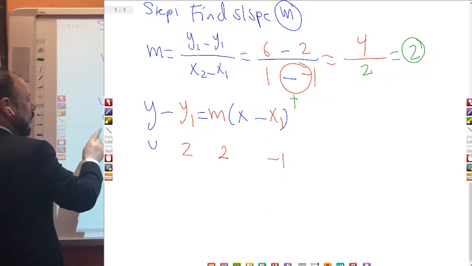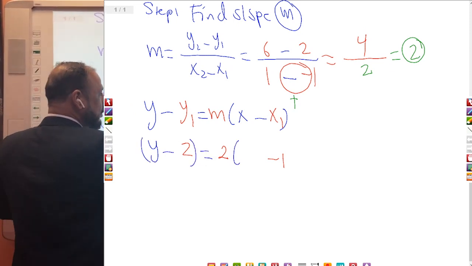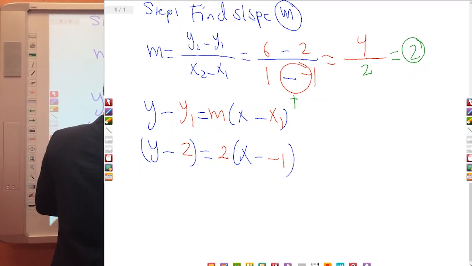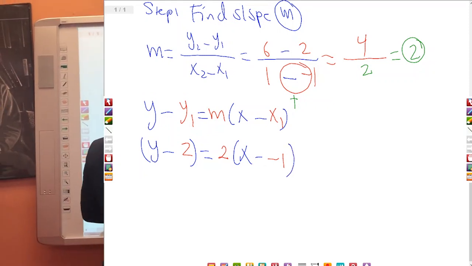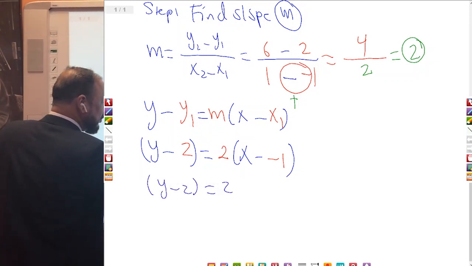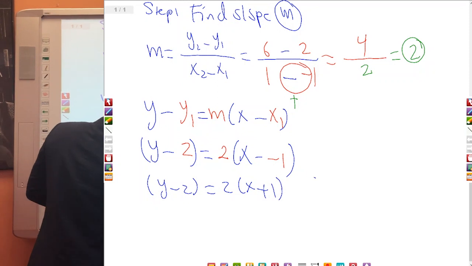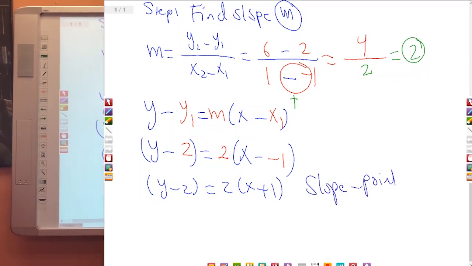Leave everything the same. Don't touch the x. We call this slope-point form. We can write it a little nicer: y minus 2 equals 2 times x plus 1. This is the slope-point form.